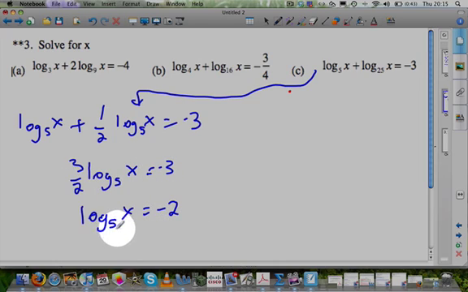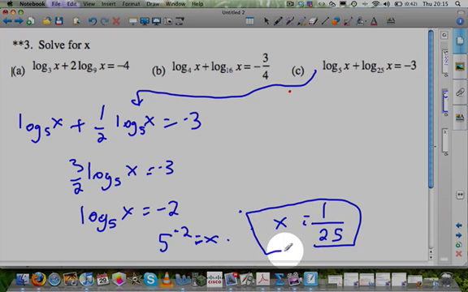And from here, just convert from the log form to the exponential form, so 5 to the -2 equals x, right? So therefore, we see that x equals 1/25.